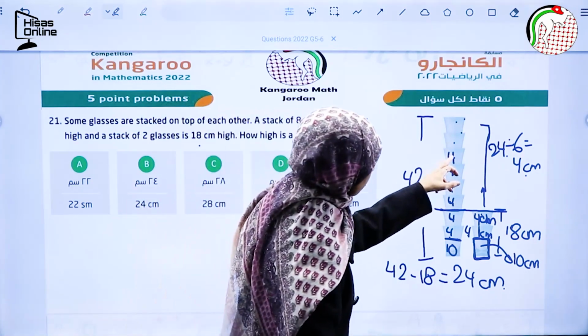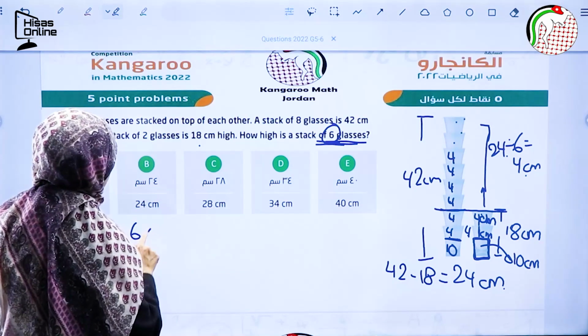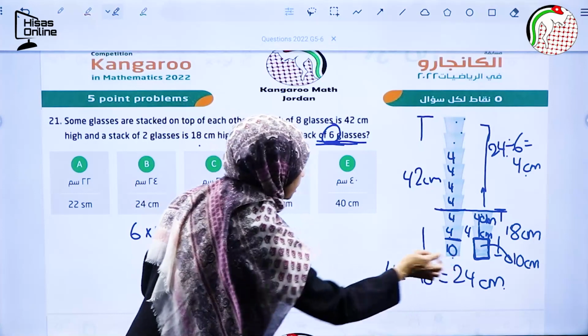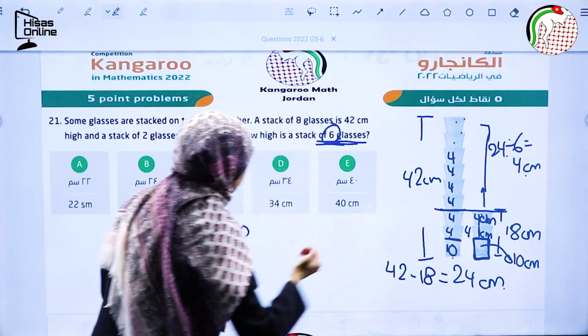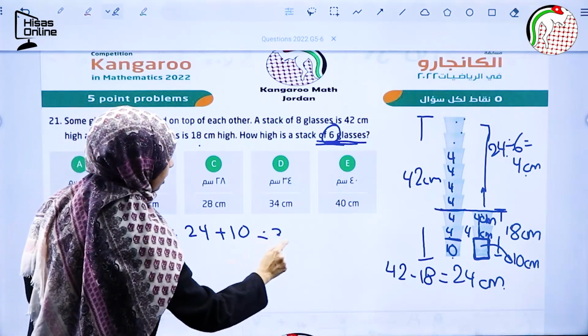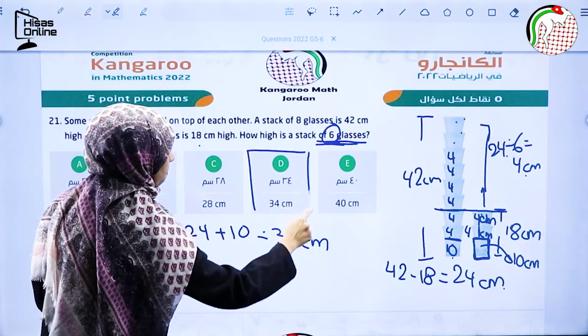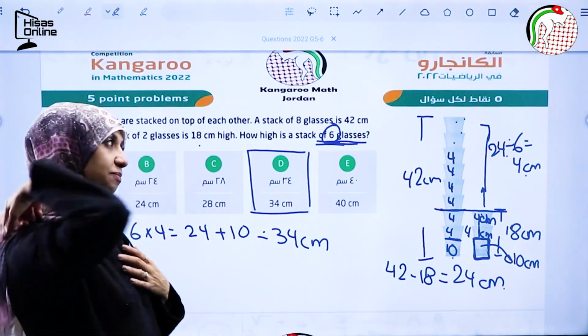So 1, 2, 3, 4, 5, 6. 6 times 4, which is 24, plus 10 centimeters, which is the basic part appearing from the first glass. That makes 34 centimeters, and that is your right answer for this question.